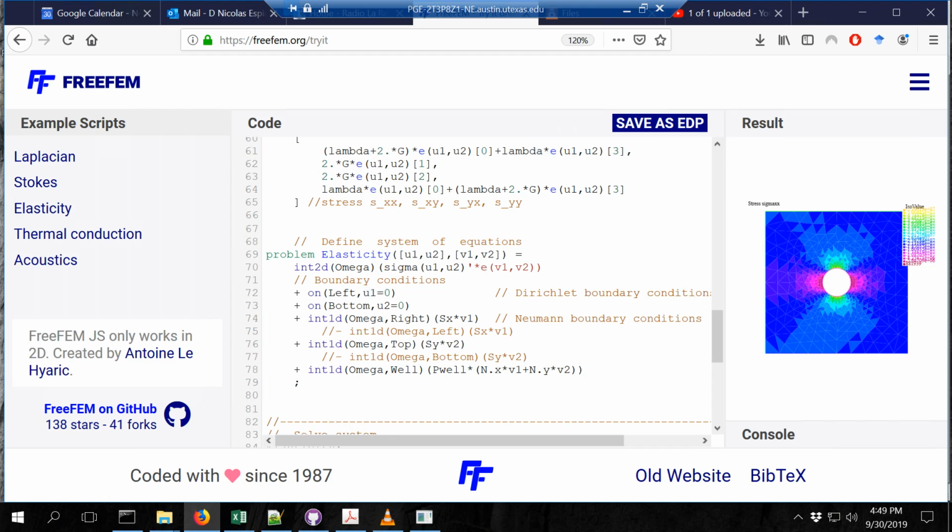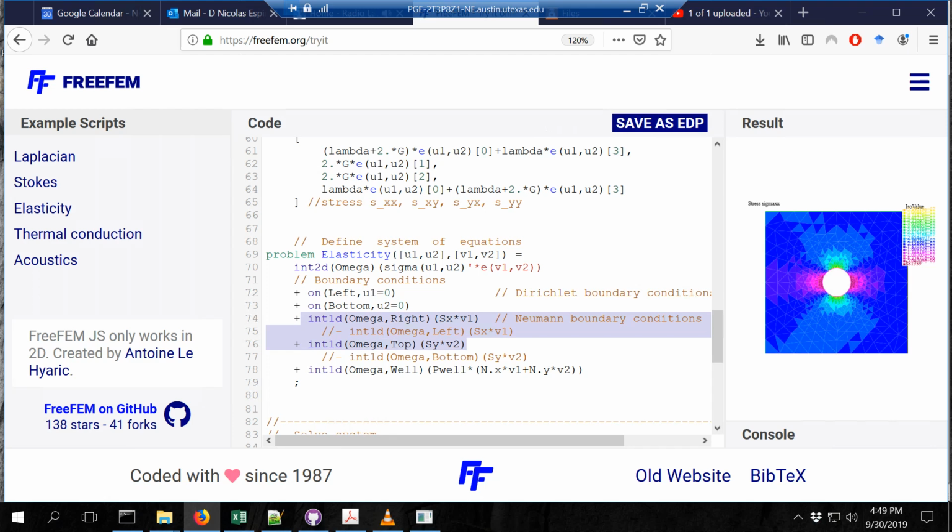The next one is a Neumann boundary condition. And in a Neumann boundary condition, what we're going to set now is the solution at the boundary, but not in terms of displacement, but in terms of the stress.